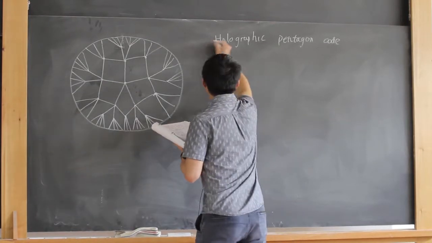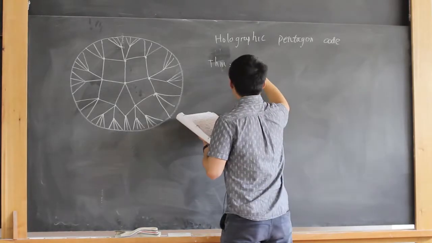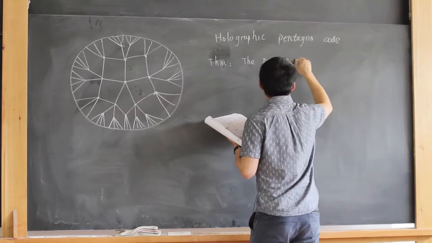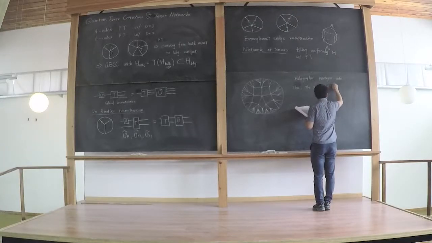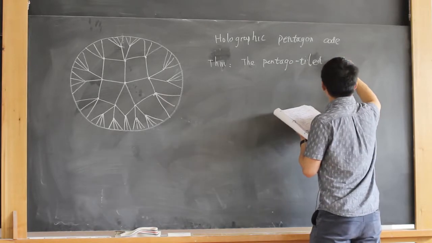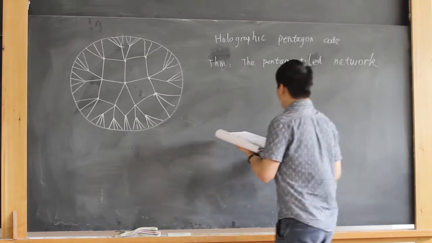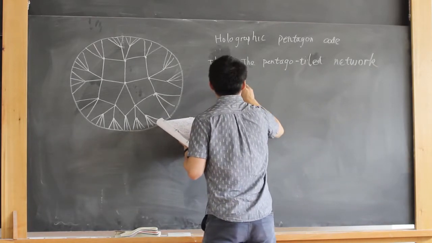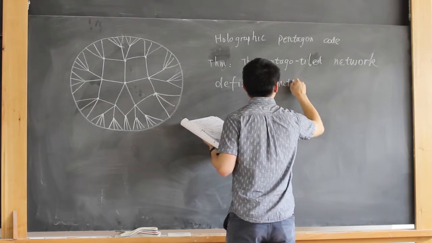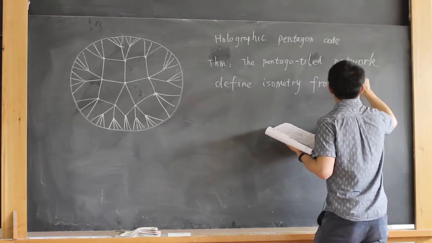So a theorem that can be proven is that this pentagon tiled network defines an isometry from the bulk to the boundary.